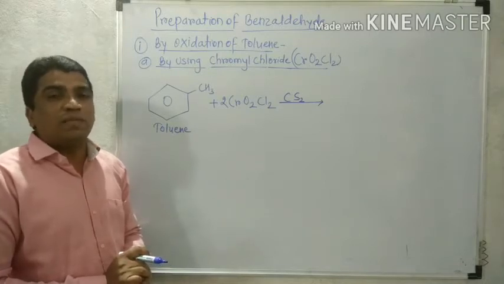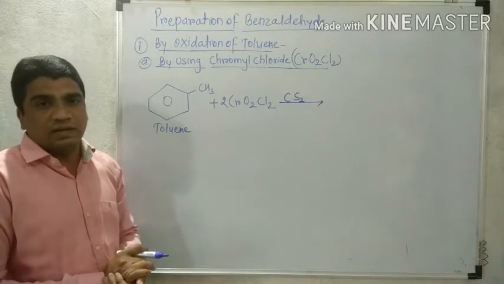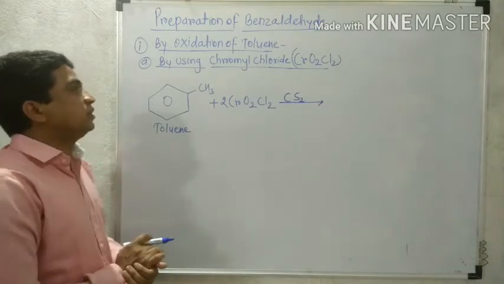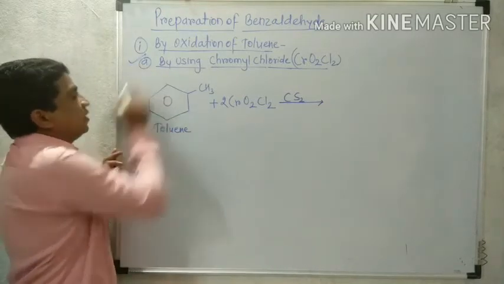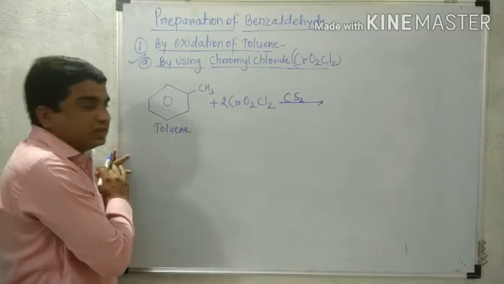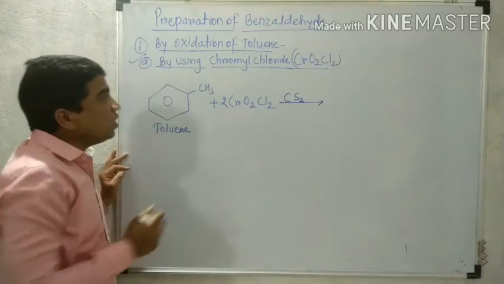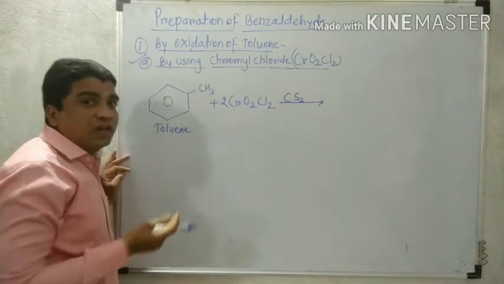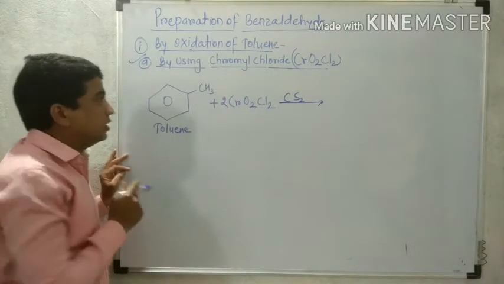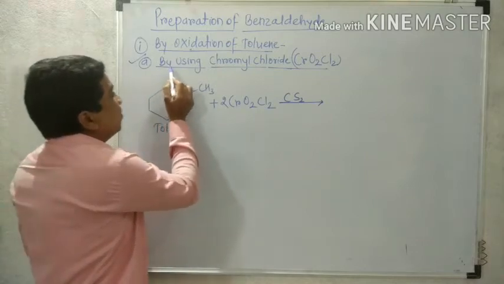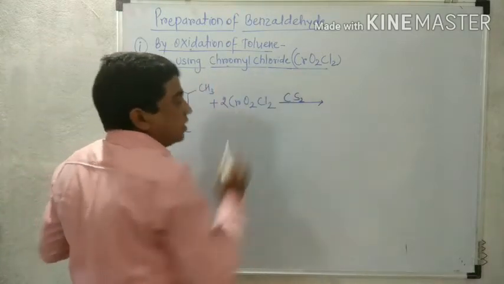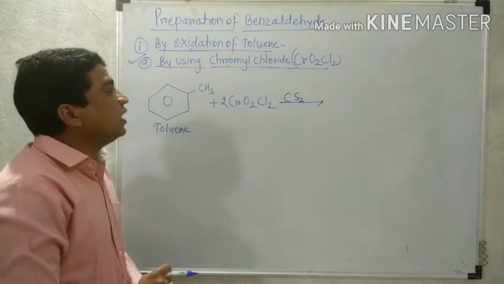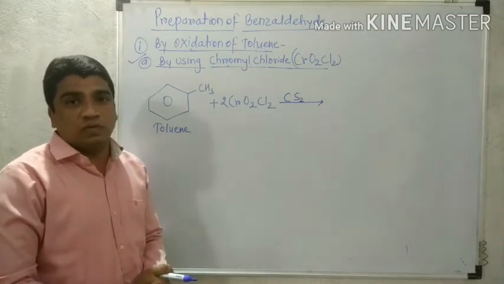So we require a mild oxidizing agent. There are three methods for this oxidation of toluene. We can bring about the oxidation of toluene by using three methods. The first one is by using chromyl chloride, formula CrO2Cl2.